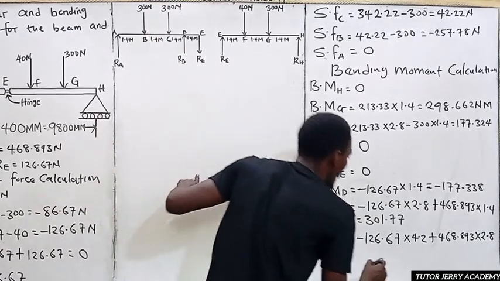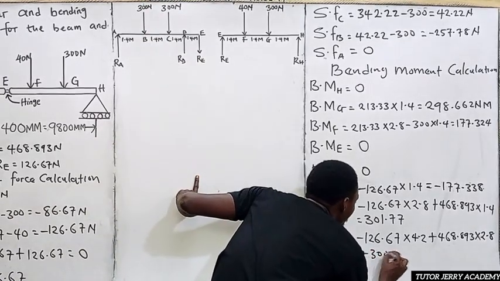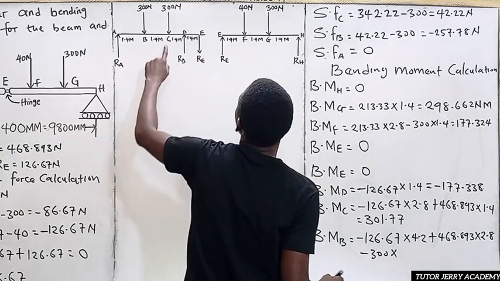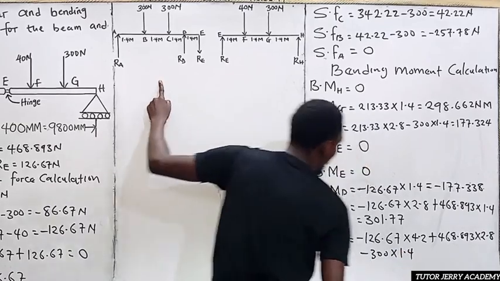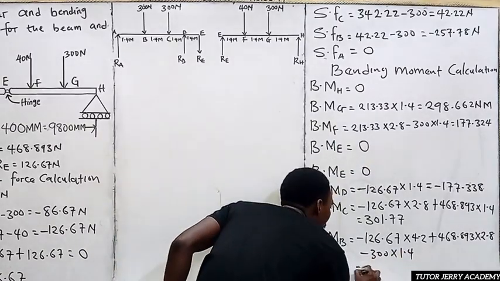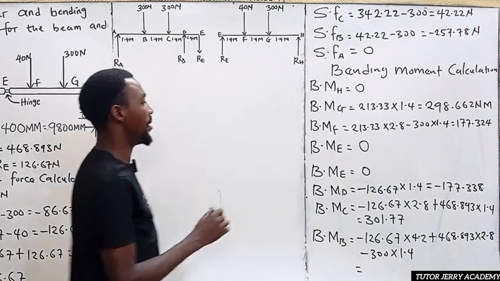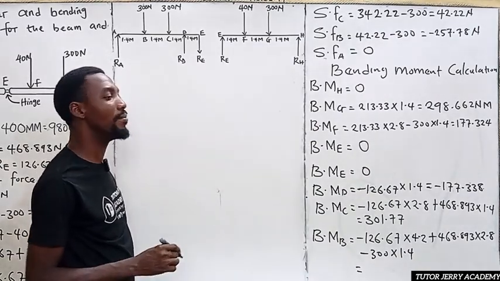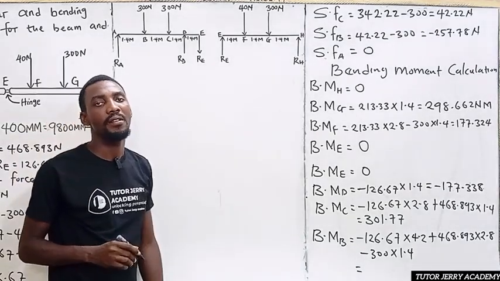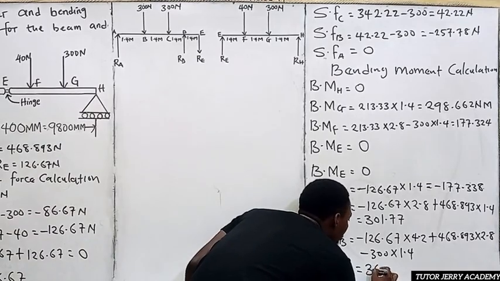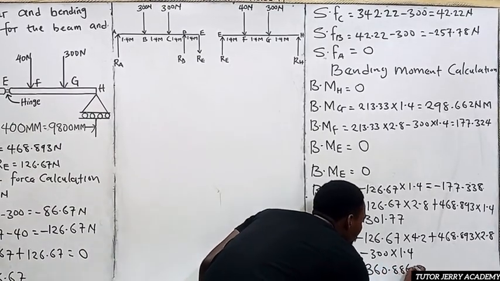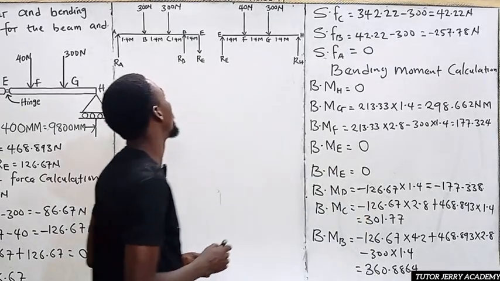This one is a downward force, so it's minus 300 multiplied by 1.4. So if you do the math well, this is going to be 360.8864. All right, so that's what we are going to get.